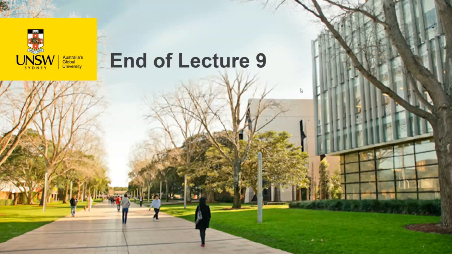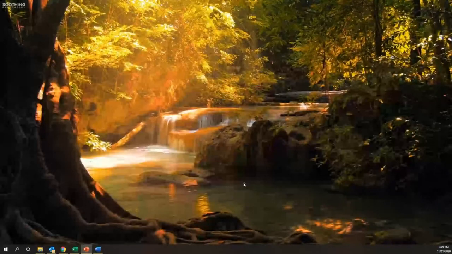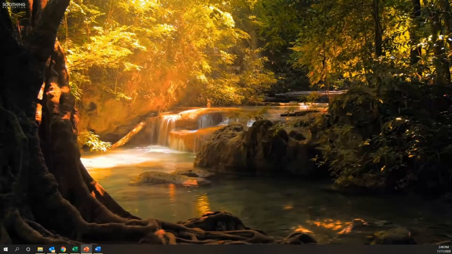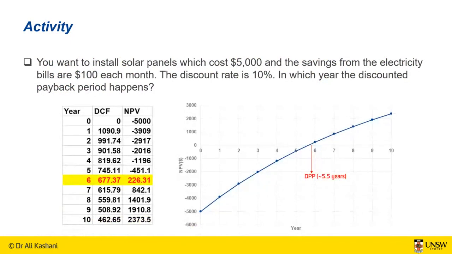Can you show the calculation process of DCF for the last activity? Sure. So you mean for the discounted payback period? Okay. This one?